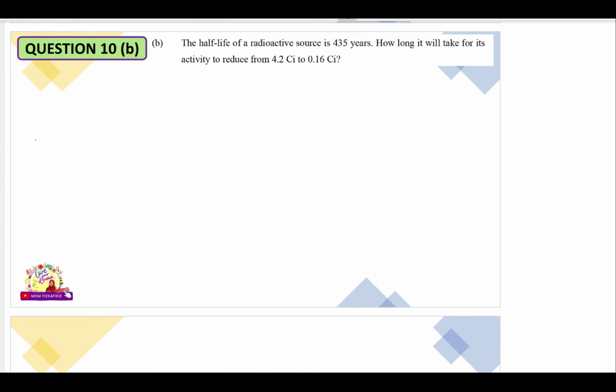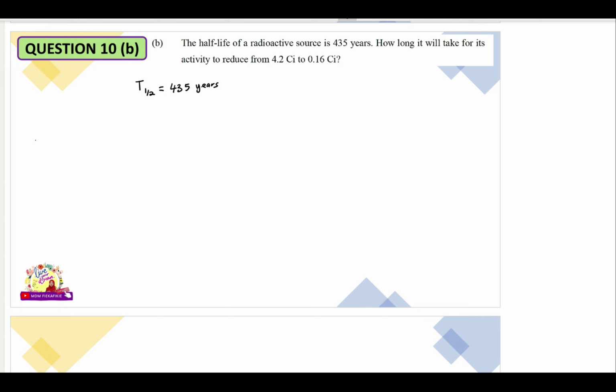Okay. So, this is from radioactivity daripada subtopik 11.3. So, the half-life. Okay, kita masukkan soalan dia lah. Kita keluarkan maklumat dia. 435. Tengok half-life tu dalam minutes ke, seconds ke.